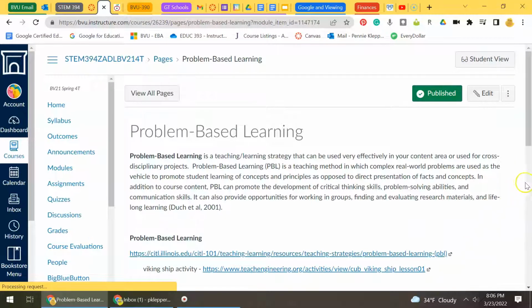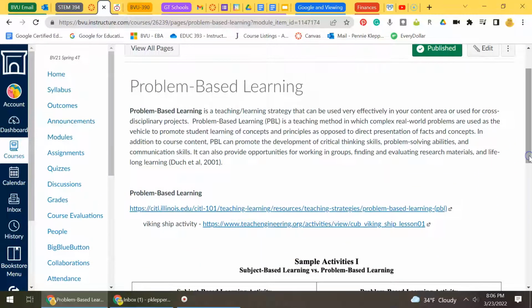The next type of strategy in learning is problem-based learning. This is a really good type of learning to use for cross-disciplinary projects. That's something where you can take science and reading together. You can use it in other places as well, like social studies and language arts.